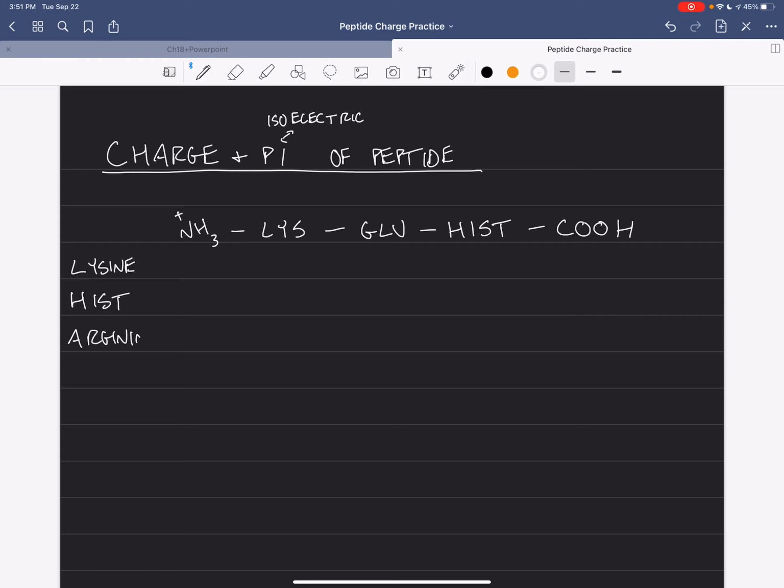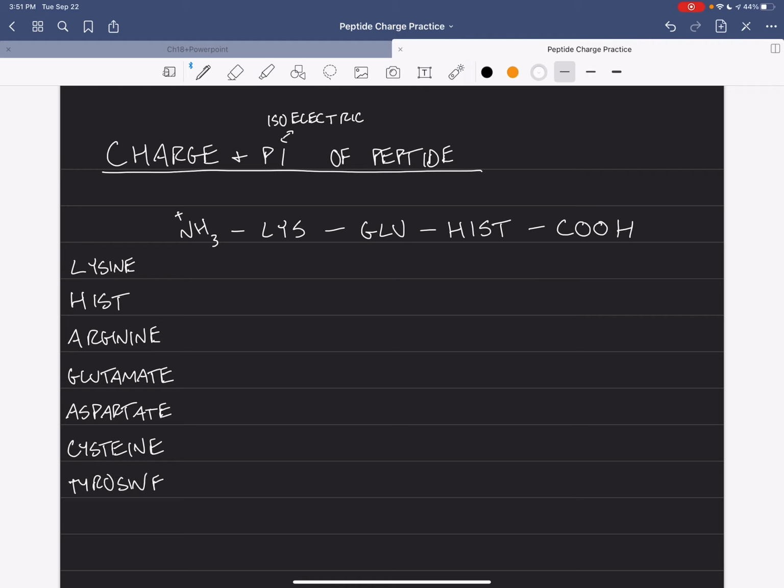We have our negatively charged ones, which are glutamate and aspartate. And then you have your two kind of outliers, which kind of trip people up, cysteine and tyrosine.